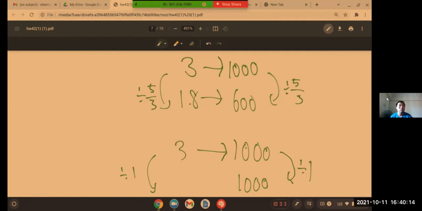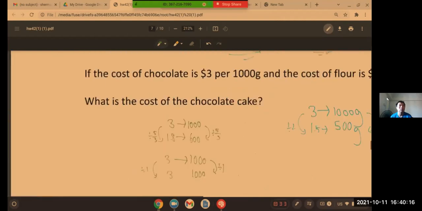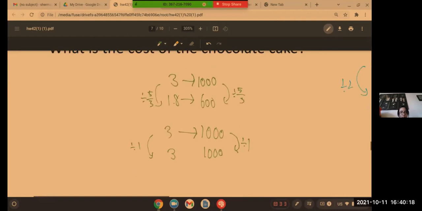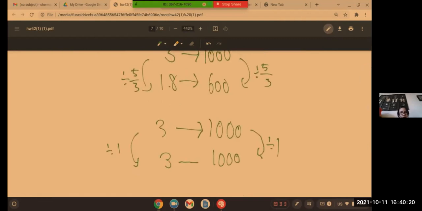Huh? How come now it becomes $3? I read wrong. No, I'm confused. Okay, which one are you doing now? You better write down what you are doing. If you're confused, you just highlight.